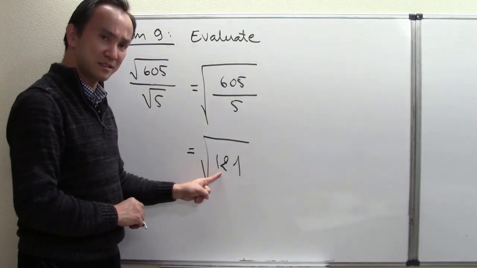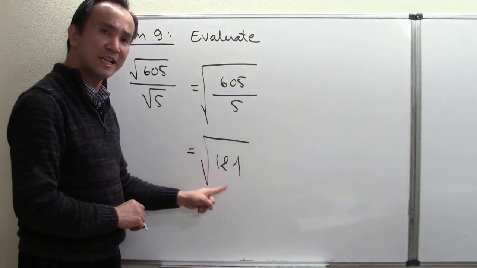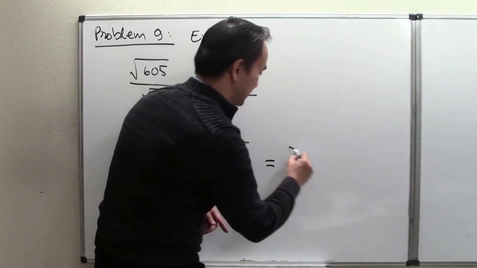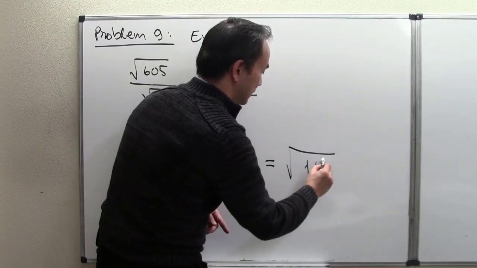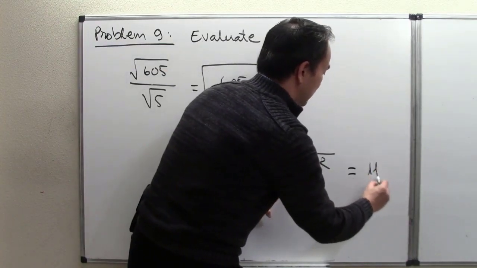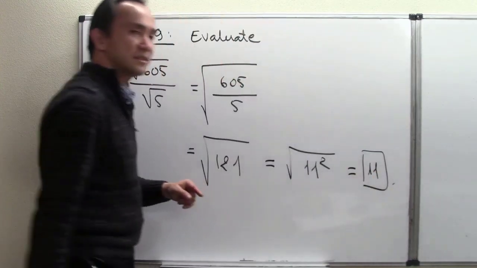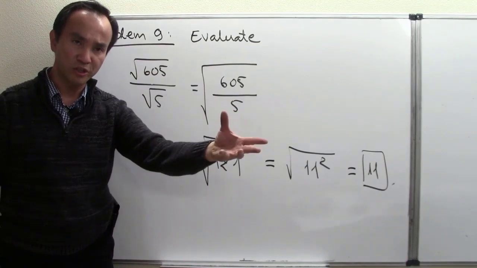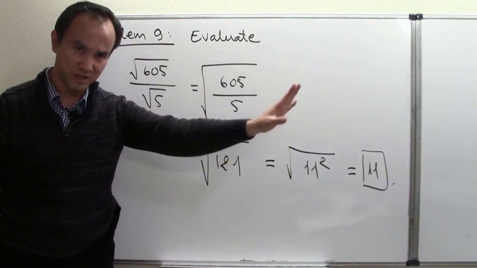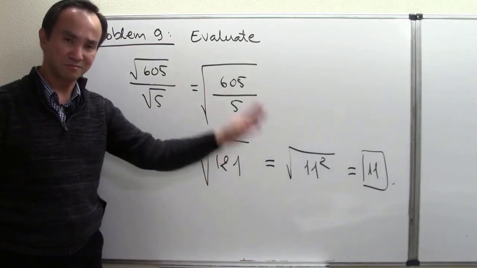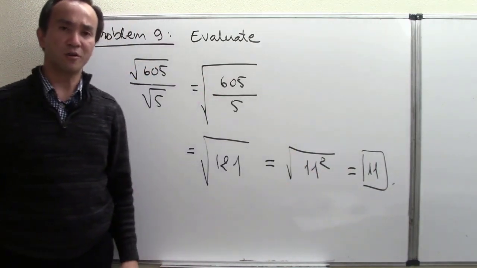Now that made it a lot easier to recognize. 121 is a perfect square of 11. And so the answer comes out easily, just 11. So by creatively using the quotient property in the backward direction, we can make the problem a lot easier to handle.